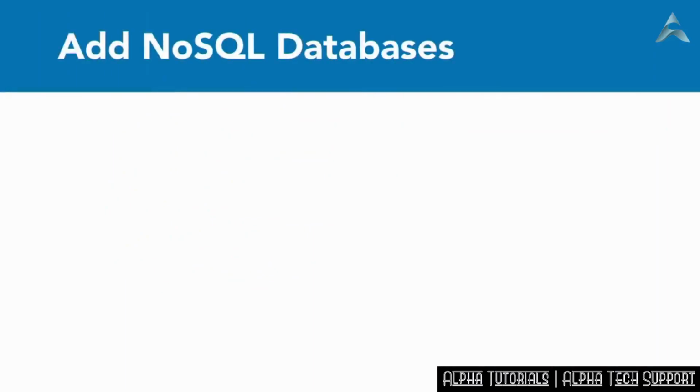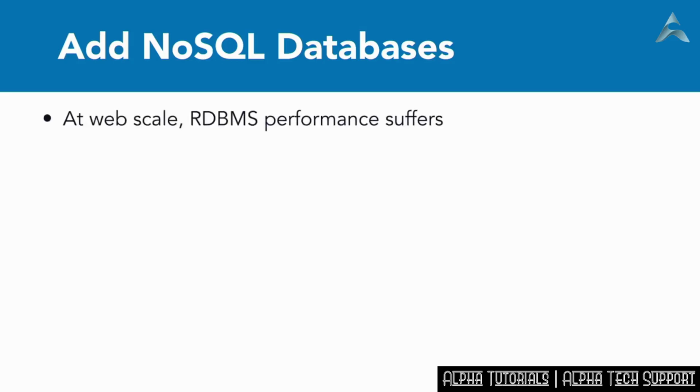To address this data growth challenge, the addition of NoSQL databases has been a common pattern for really many years. However, the way it's implemented today has evolved. A key reason to take a look at NoSQL databases is because at web scale, relational database performance suffers.